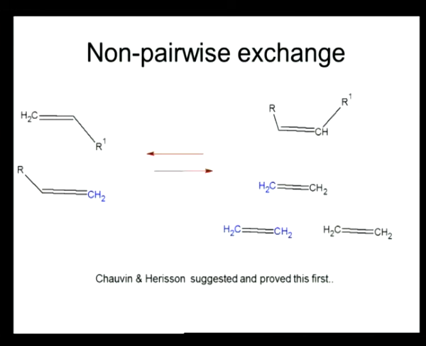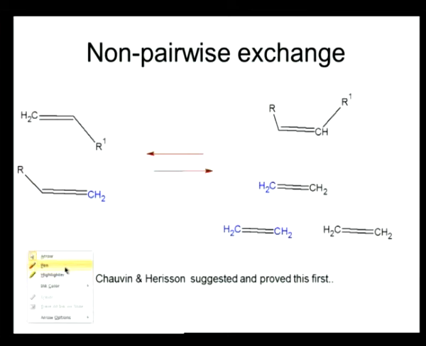So, I have shown here what is suggested by Chauvin and Herisson, and they are the ones who showed that this particular mechanism was happening, and the non-pairwise mechanism is the only one which will account for the fact that you can have a mixture of ethylene which is labeled and unlabeled in a statistical ratio, starting with 2 olefins which are given here, which have got, let us say, the labeled olefin.